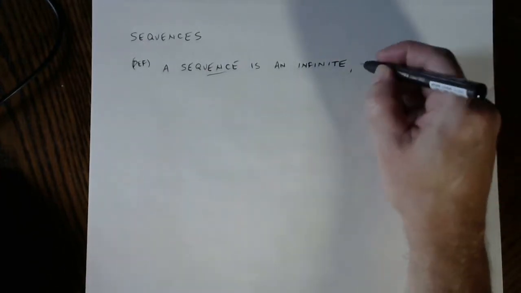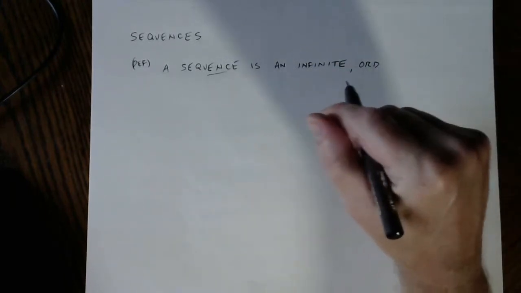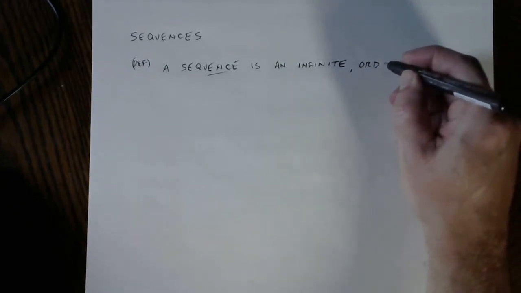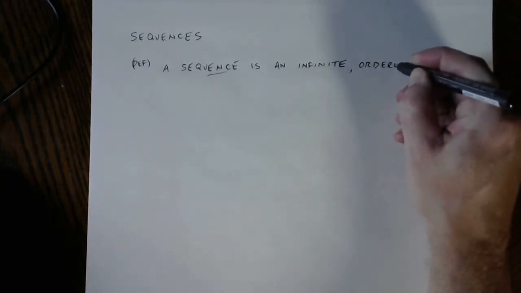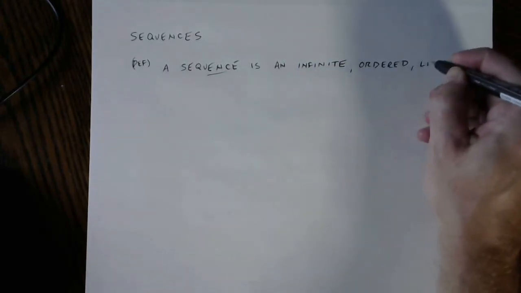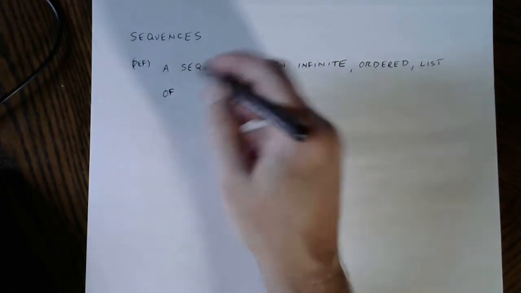Some students get confused by it. They kind of think of it as a number. It's not. Ordered, pretty self-explanatory. A list of real numbers.